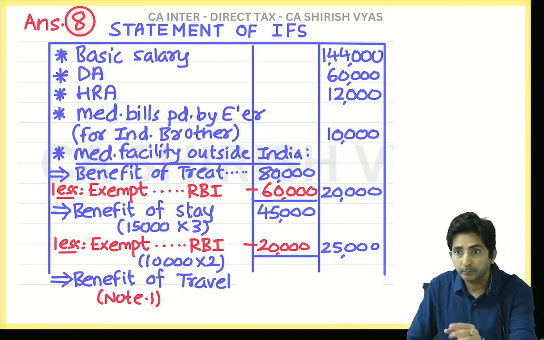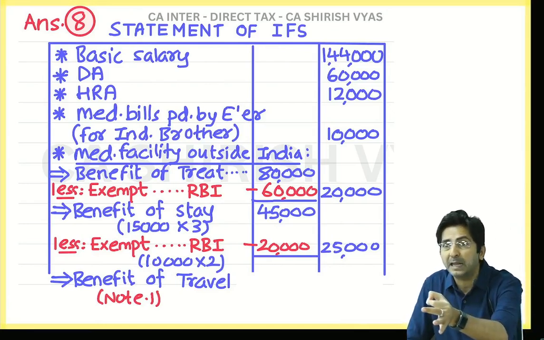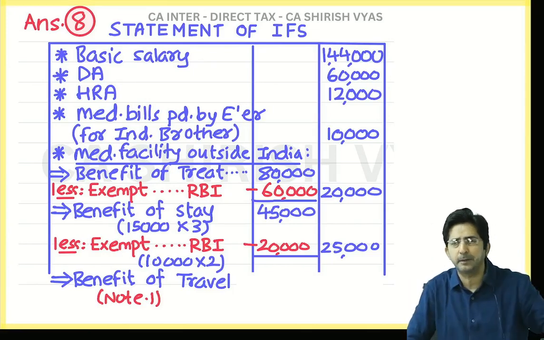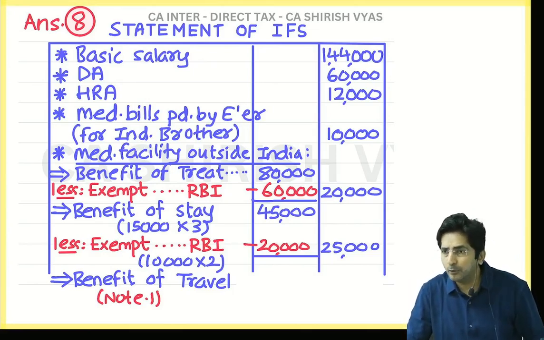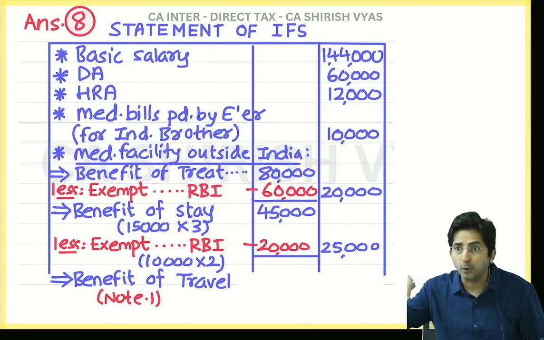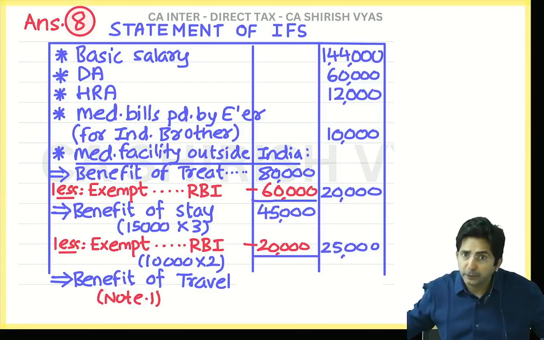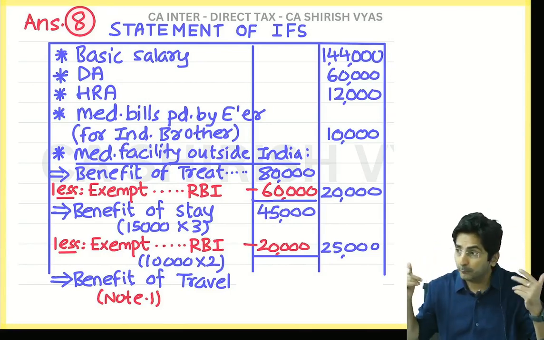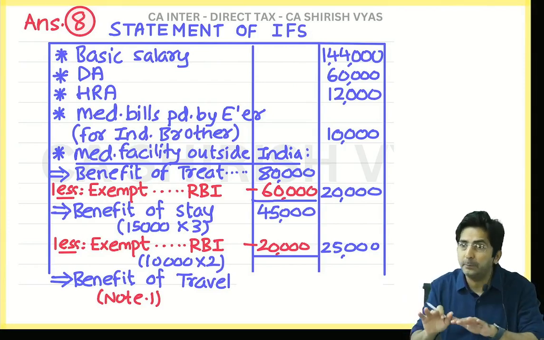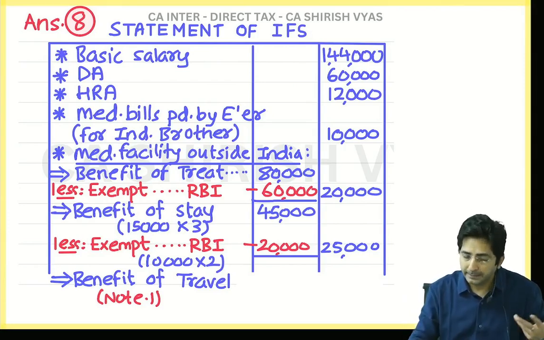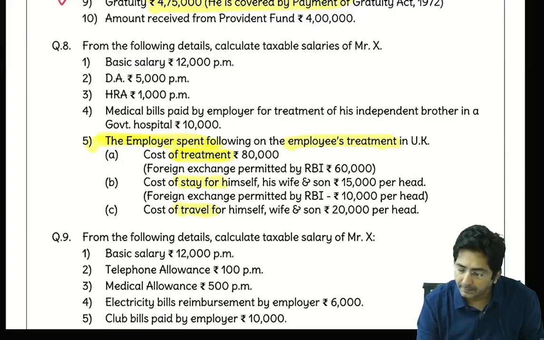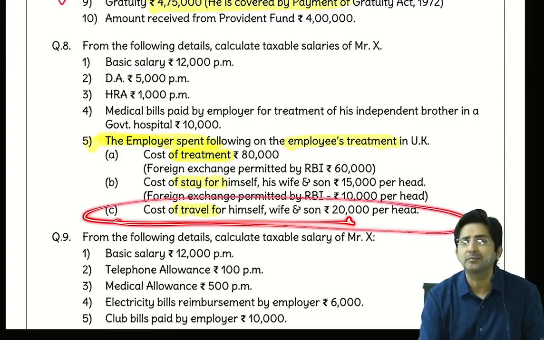And one more thing, you should keep benefit of travel as the last item in the statement. Why? Because for calculating gross total income, we have to add everything. So if I want to add everything, you should keep travel as the last item. In my question, coincidentally, travel is the last point only.